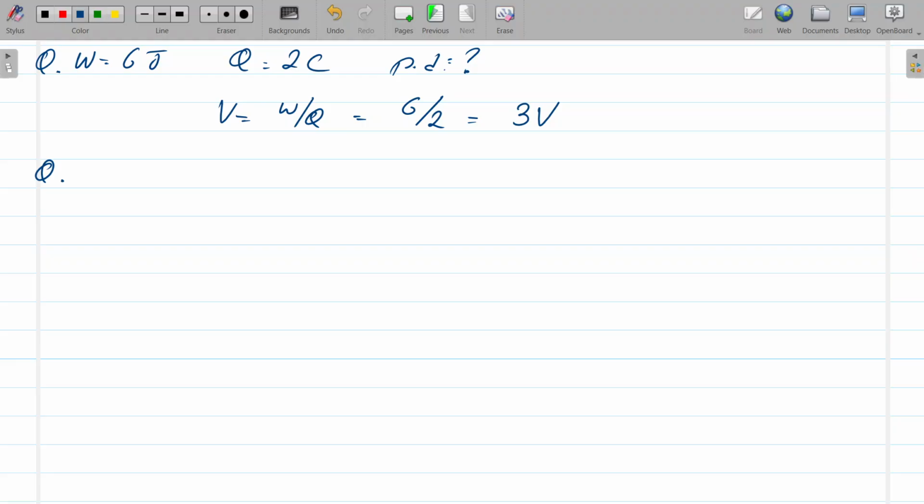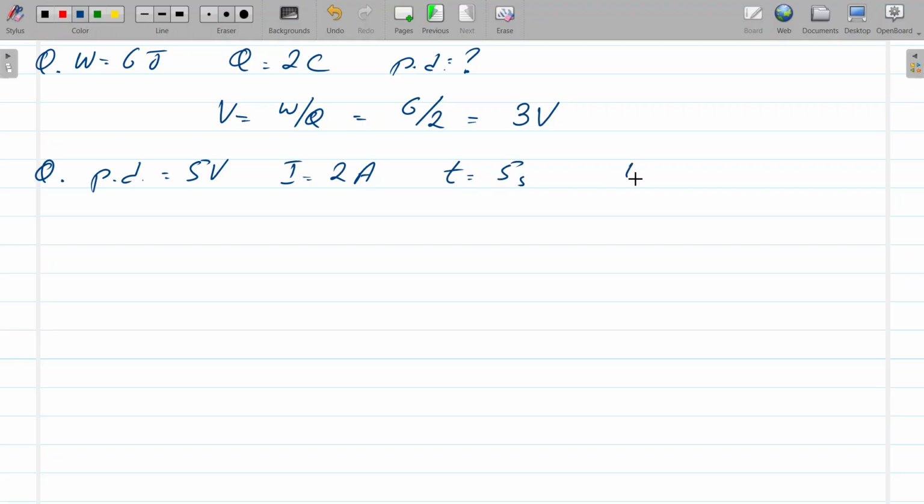So again, they're giving you the potential difference, which is 5 volts. And they're asking you to calculate the energy transferred when a current of 2 amperes, so I equals to 2 amperes, and time is 5 seconds.